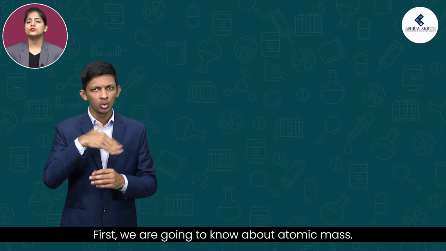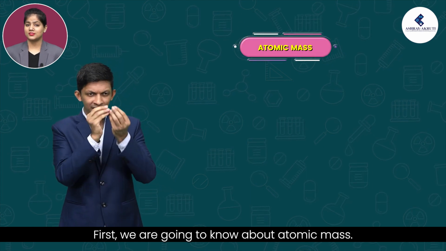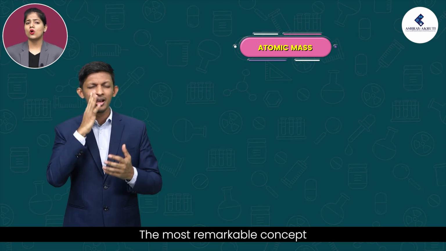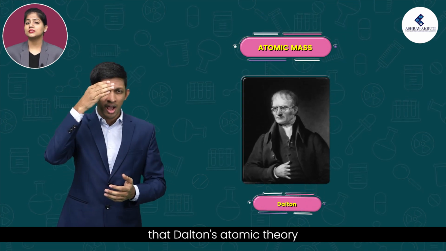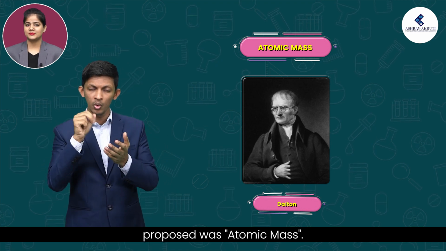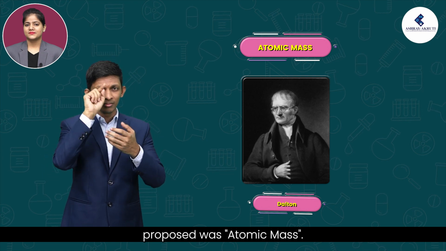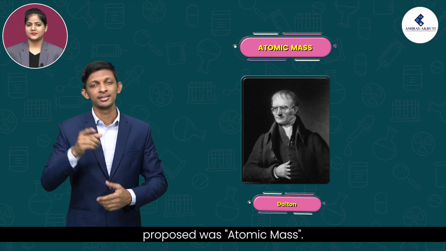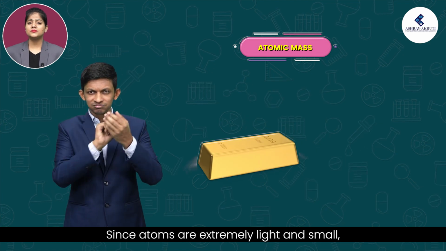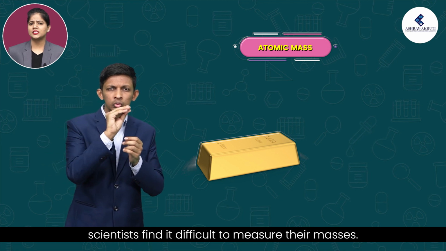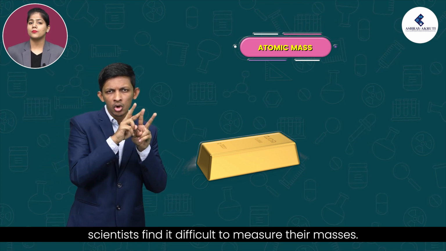First, we are going to know about atomic mass. The most remarkable concept that Dalton's atomic theory proposed was atomic mass. Since atoms are extremely light and small, scientists find it difficult to measure their masses.